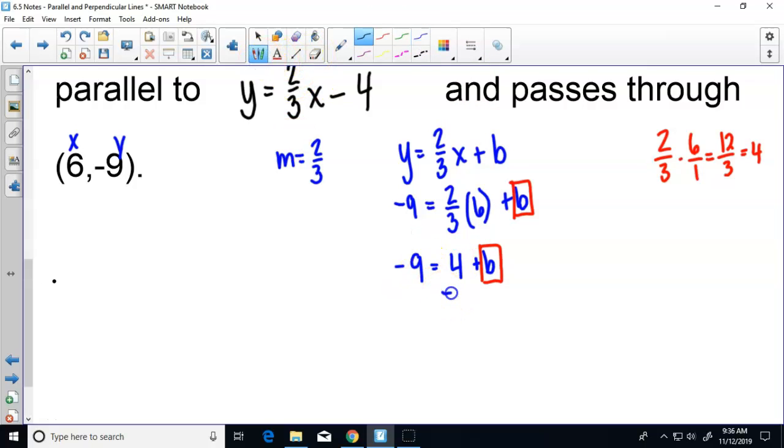Okay? So subtract that 4. So you get -13 equals your b. So there's your y-intercept. Okay? So you got a slope of positive 2/3 and a y-intercept of -13. So tell me the equation of the line, Adam. Y equals... Perfect.